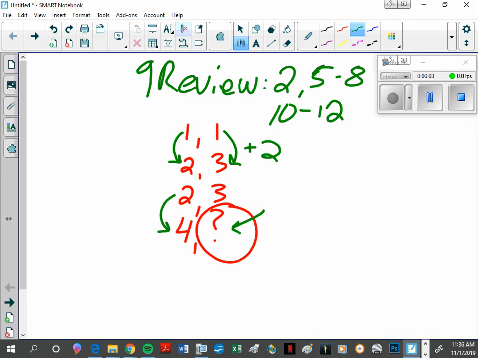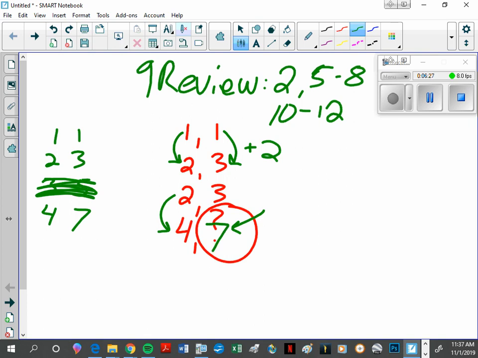It's got to be 4 bigger because we skipped 3, right? It would be 1, 1, 2, 3, 3, 5, 4, 7. But this number's not there. The slope is 2, so this needs to be a 7.